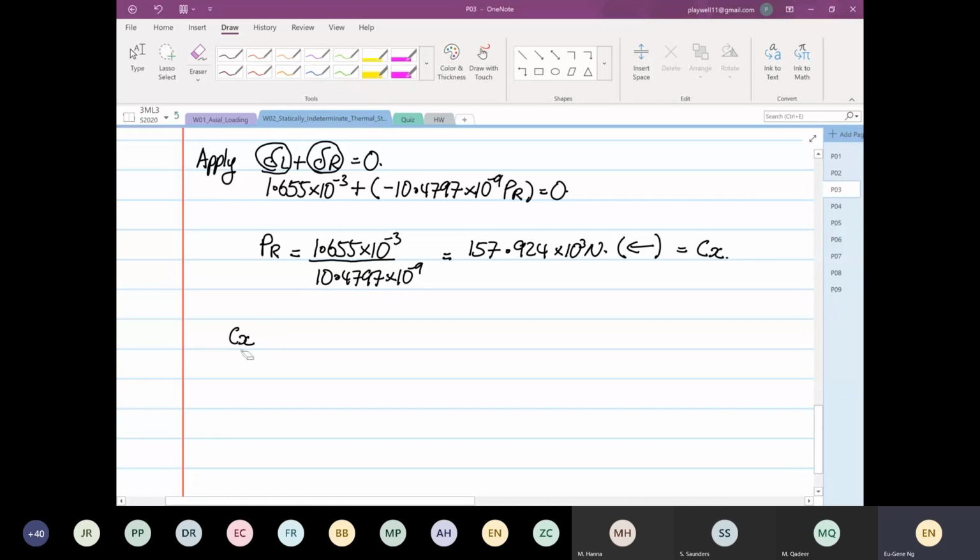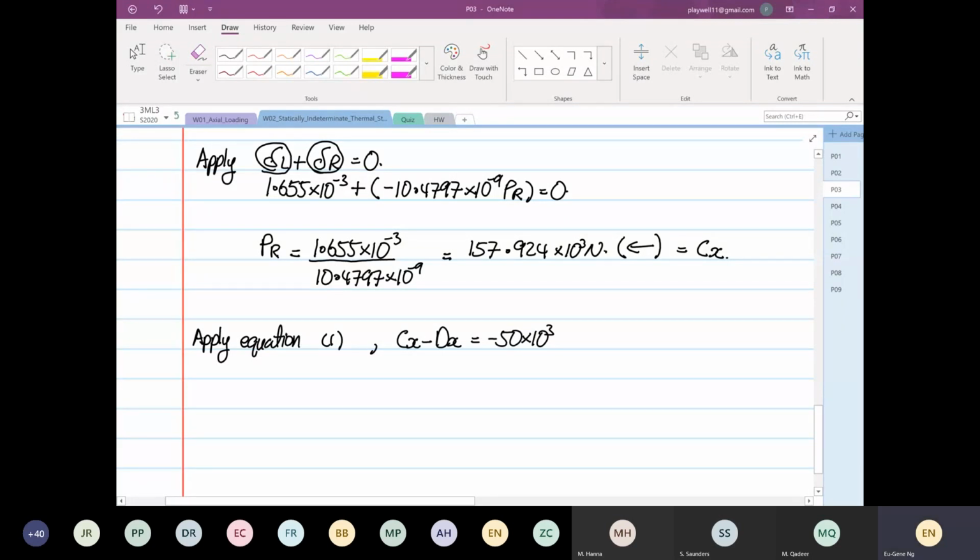So I'm going to write down apply equation number 1, where we have CX minus DX is equal to minus 50 times 10 to the power 3, right?